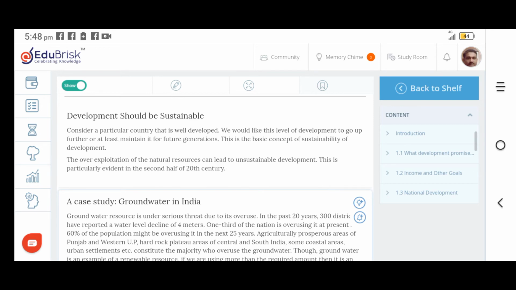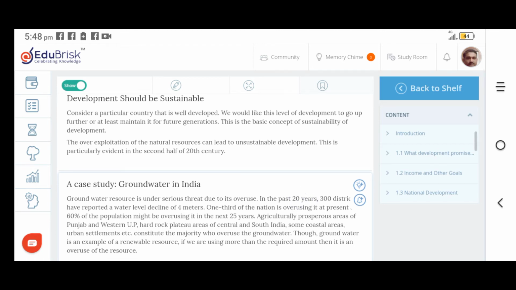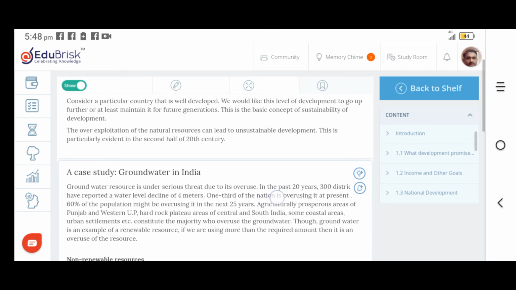Otherwise, we can say development without the destruction of the environment, or eco-friendly, so that it can be used by the future generation. Consider a particular country that is well developed. We would like this level of development to go up further, or at least maintain it for future generations. This is the basic concept of sustainability of development.